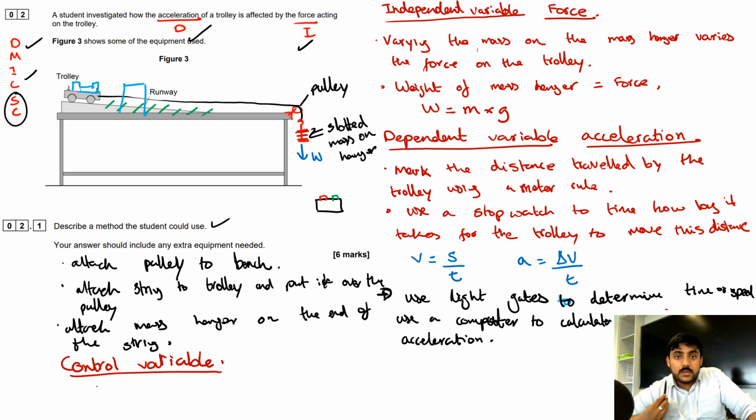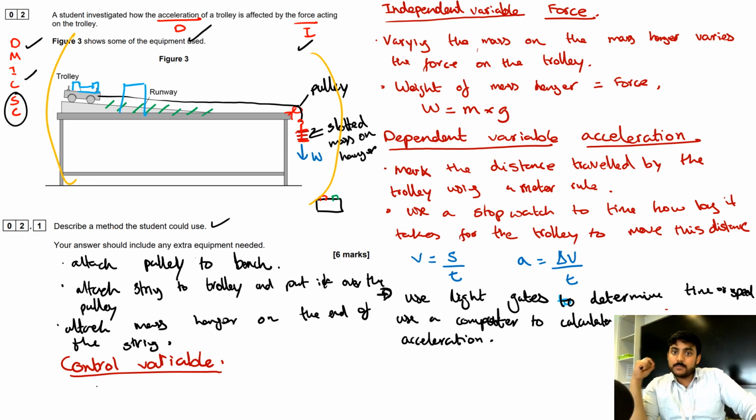So what is the one thing that we're trying to control? That it seems from the investigation, from the independent variable and how we varied the independent variable, it seems that we don't control. It's the mass of the actual whole system. What is the system? Everything that is inside this orange bracket is one single system.